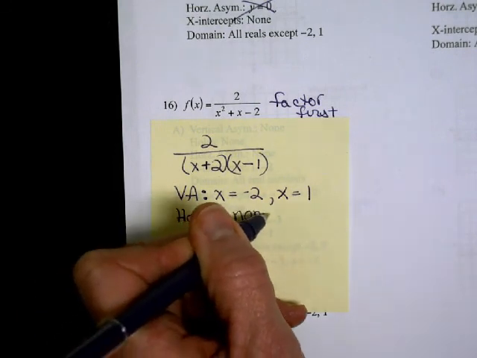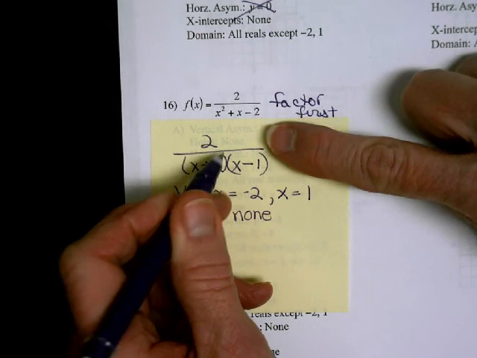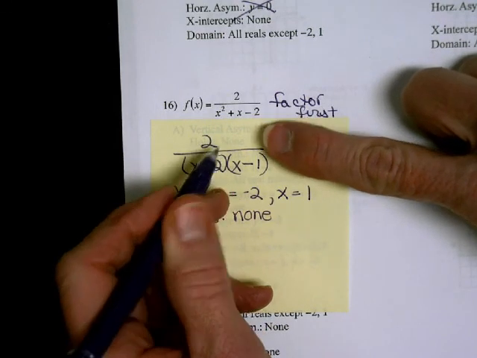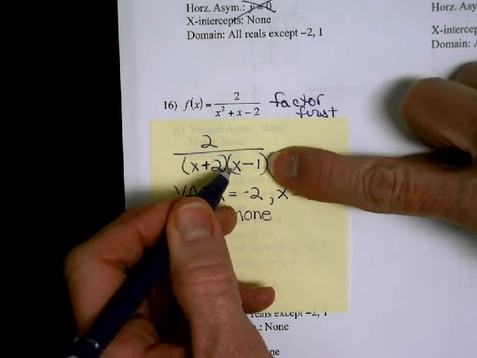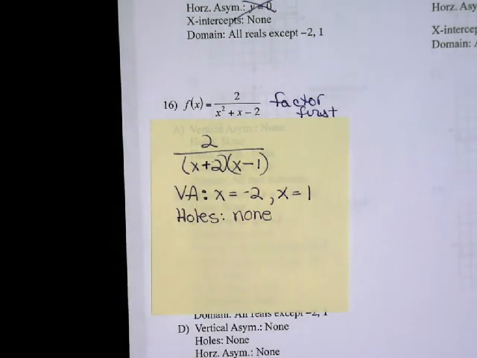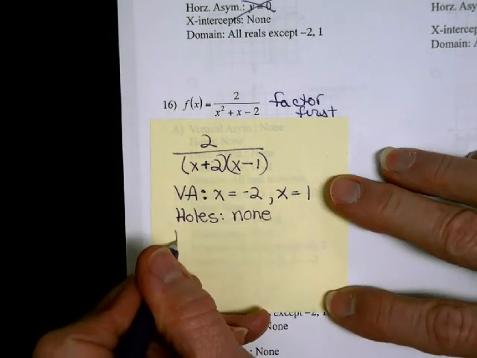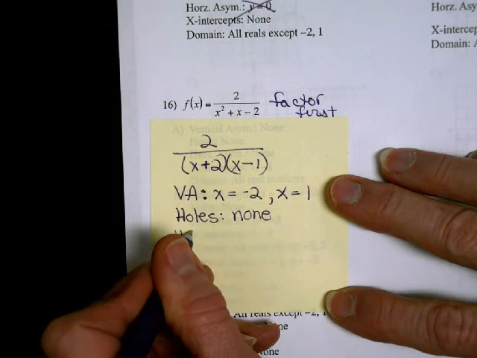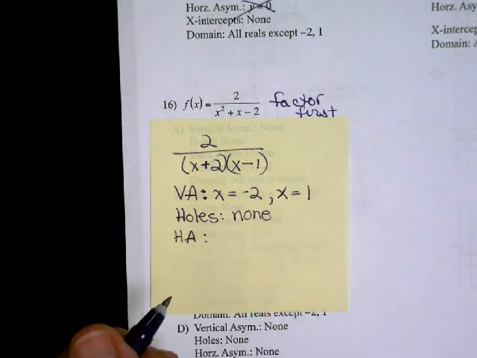Any holes? A big fat nothing. Remember how to get a hole? If a factor on top looks like a factor on the bottom. So there are no x's on top that look like the x factors on the bottom. No, none. So when you see one, you'll know one, but this one doesn't have one.